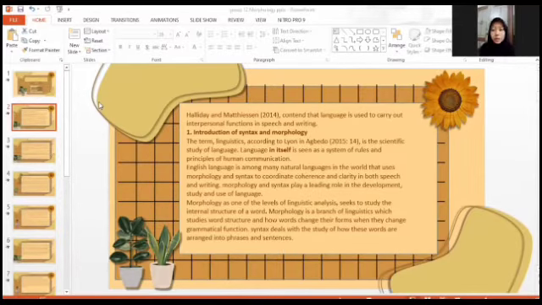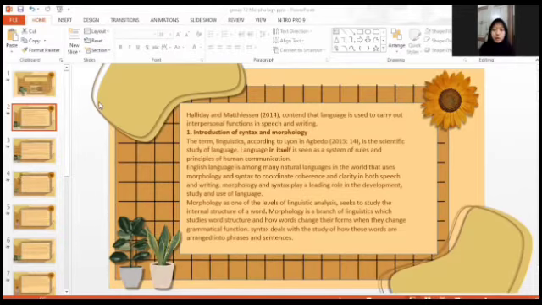The English language is among the many natural languages in the world that use morphology and syntax to coordinate coherence and clarity in both speech and writing. Morphology and syntax play a leading role in the development, study, and use of language.